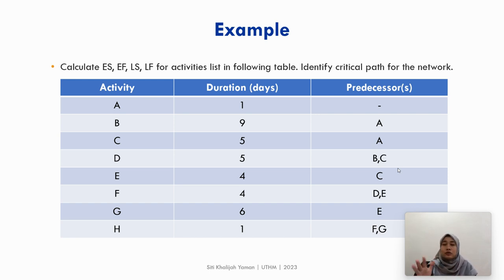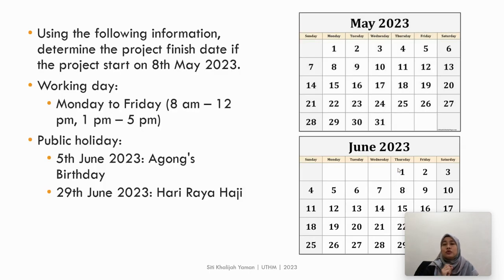After you have completed the network, you have your complete network diagram and you know the total project duration. The next thing I want you to do, manually, you don't have to use the software, is to identify your finish date if your project starts on the 8th March 2023.